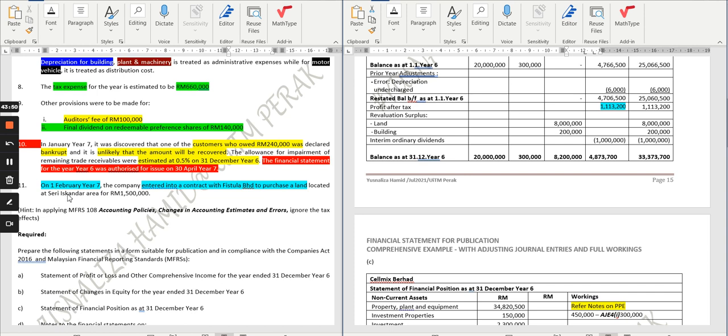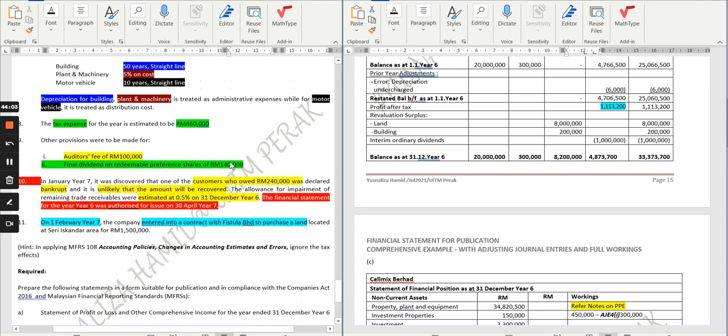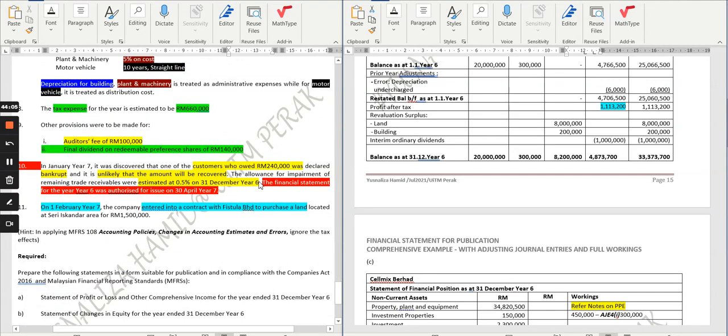It was just information that you have made available that the company has entered into a contract with a company called Fistula to purchase land. And that was on 1st of February, right before the authorization date. So if you look at the authorization date given in number 10, authorized for issue 30th of April. This happened on 1st of February.